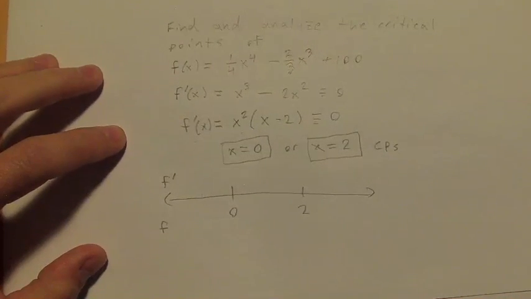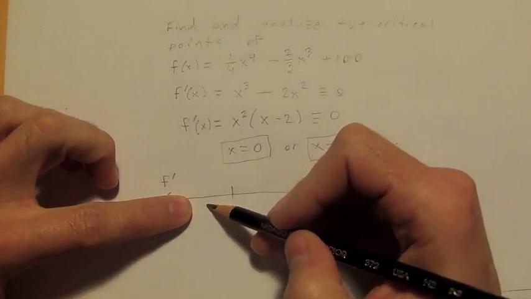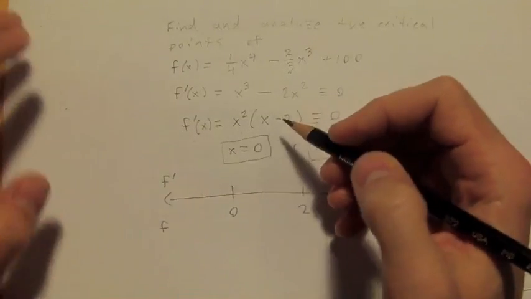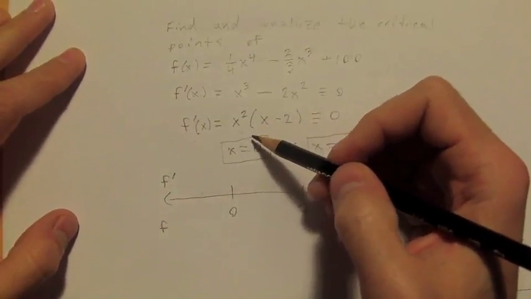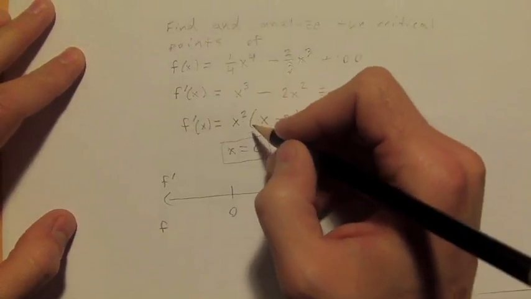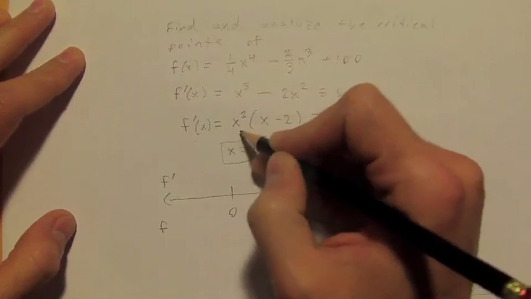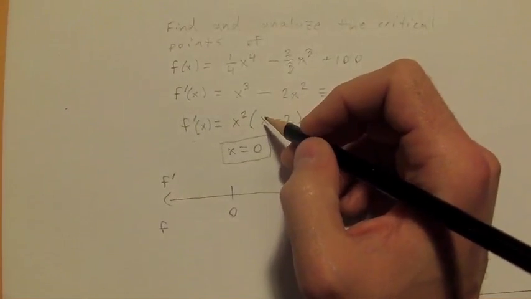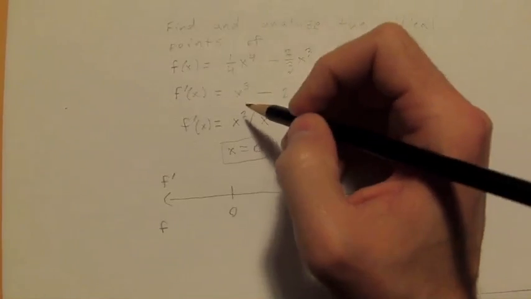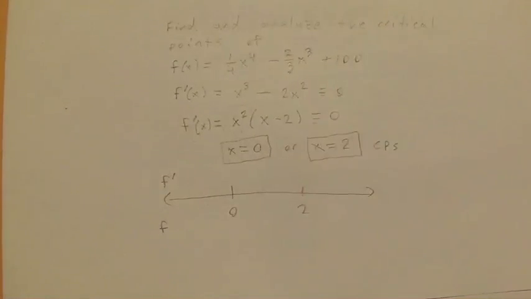All right, so f prime, well, to the left of 0, I'm going to pick something like, doesn't really matter, but -1 is probably a good option. Now, here's the thing about this factored version. Now that we have this factored version, I'm going to plug it into here. And the cool thing about having it like this is this x squared is always positive, right?